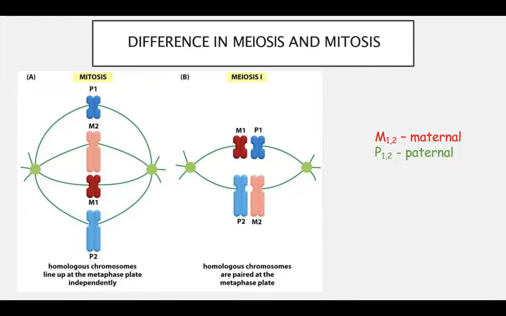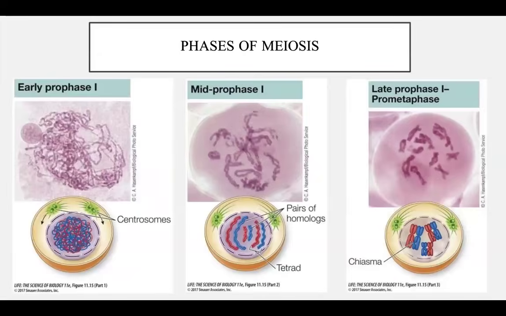So, phases of meiosis. The good thing about meiosis is that it is exactly the same thing as mitosis, just twice, in terms of what actually happens within the cell. You have prophase, where your DNA starts to condense into chromosomes, your centrosomes start to go on opposite sides of the poles, and kinetochore microtubules start to form.